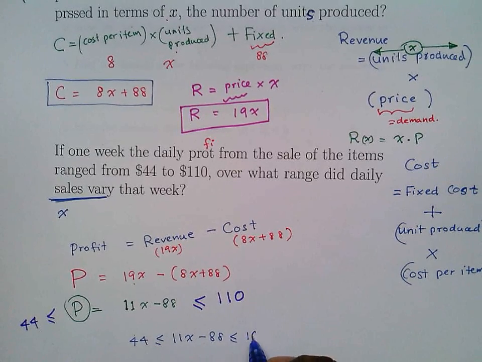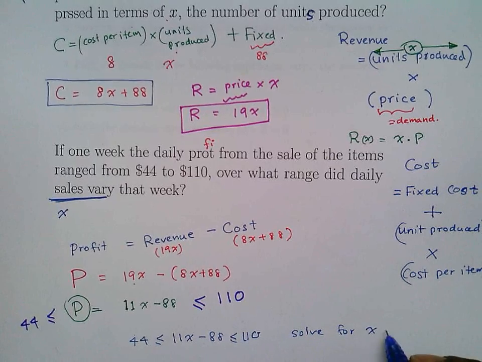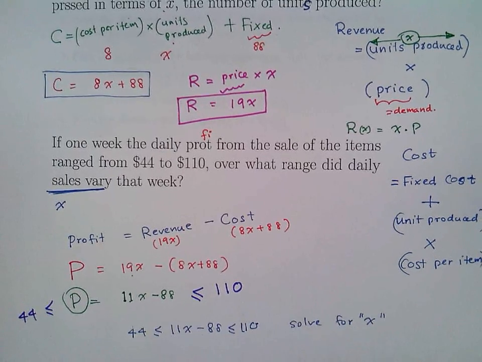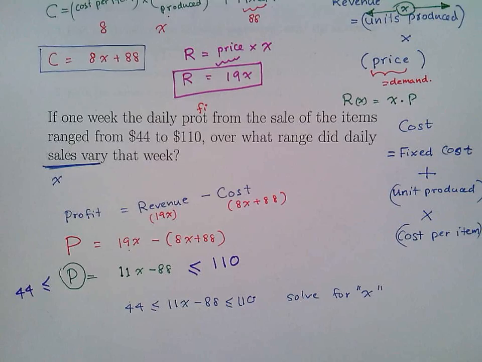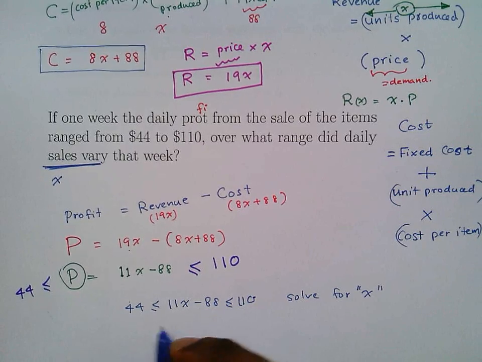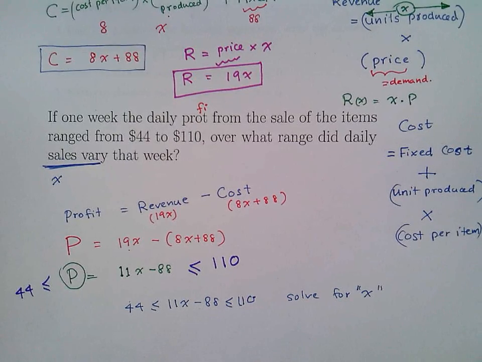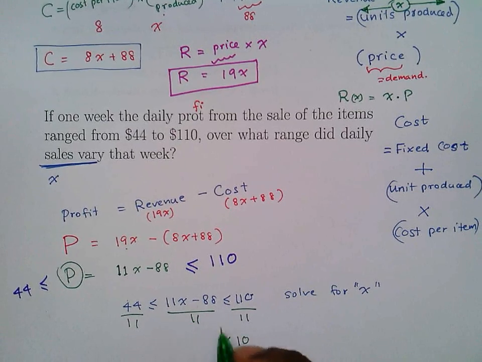So all you need to do is solve for x, because x is the daily sales. Okay, so I can see that everything is divisible by 11, so I'm going to divide everything by 11 just to get nice fractions. So you get 4 here, here you get x minus 8, and here you are going to end up with 10.